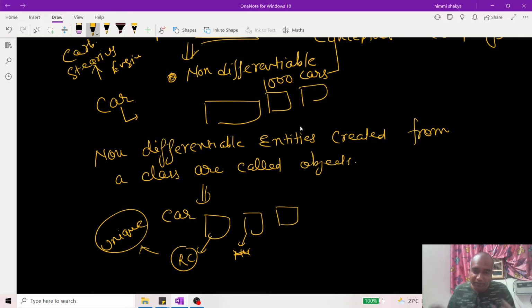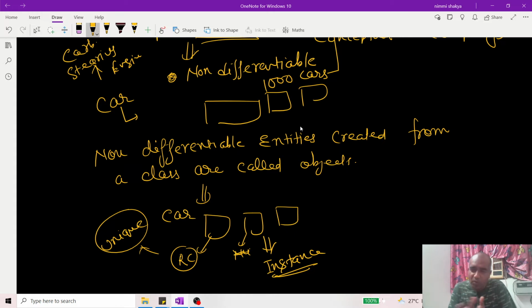So if there are a number of cars created out of a particular blueprint, and each of these cars has a separate RC, or you can say a separate number plate, using which they can be identified separately, all these entities can be identified separately. Then in that case, they are not known as objects, they are known as instances. So instance and object, they are very closely related.